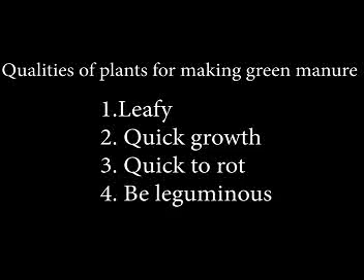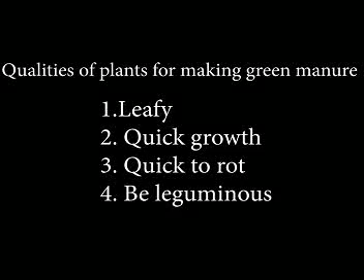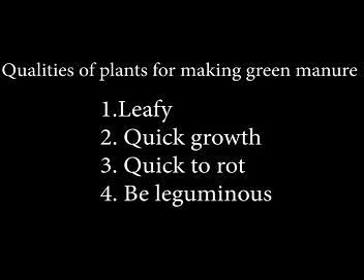There are qualities of plants that we are going to use to make green manure. One, they should be leafy, meaning that they should have leaves. Two, they should have quick growth, meaning they should be growing fast. They should be quick to rot, that is decomposition. They should decompose fast.